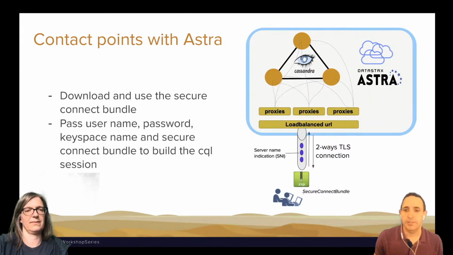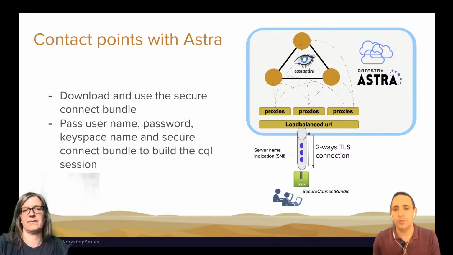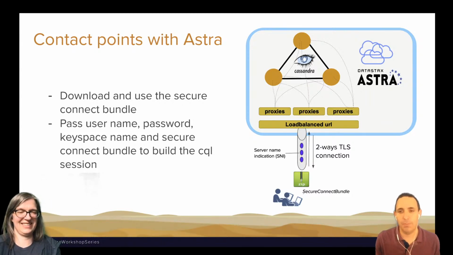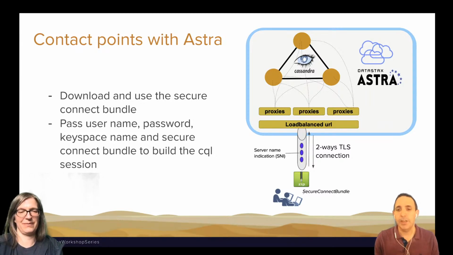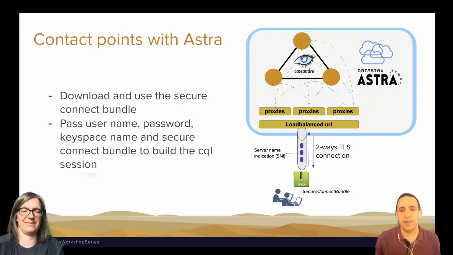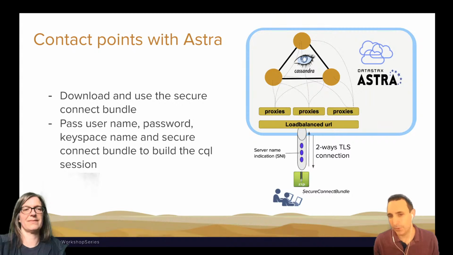When you connect from your app to Cassandra, you need to provide a secure connect bundle, which is a zip file. You will download this file from the Astra UI, and from there, any query statement that you execute will go through the load balancer and will be routed to the proper node.